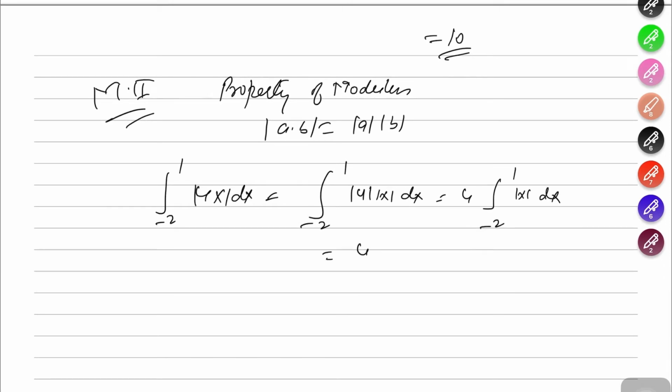That is, 4 is taken out, and the integral from minus 2 to 1 of mod x dx, and minus 2 and 1 are of opposite sign, so it will be 1 square plus 4 upon 2, that is 5 into 4 by 2, that is 10.